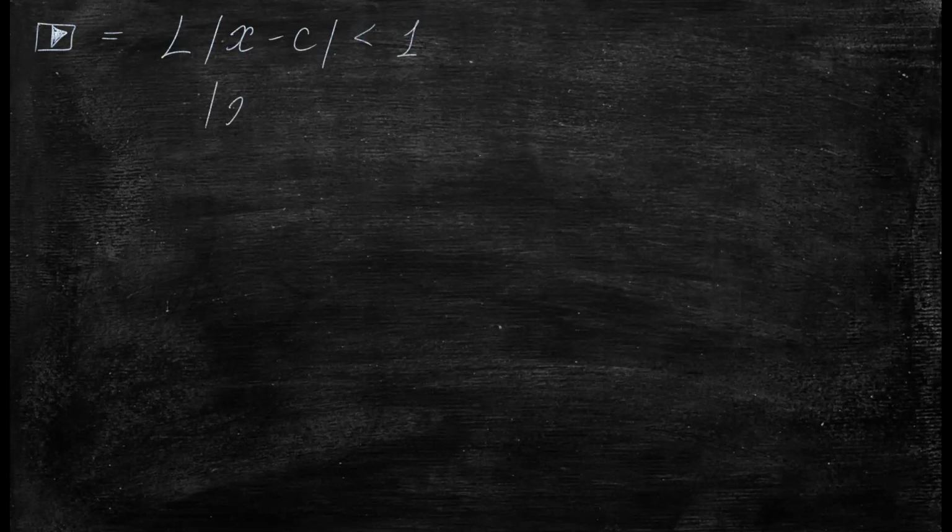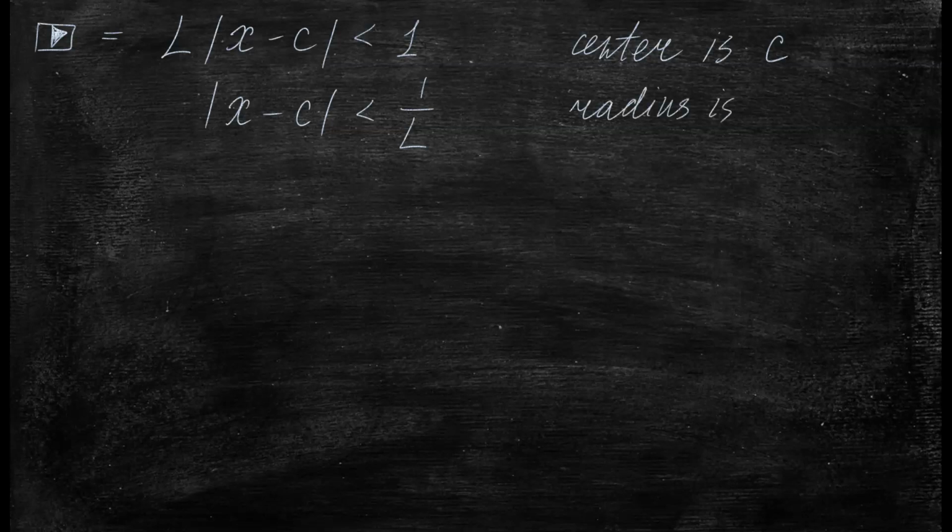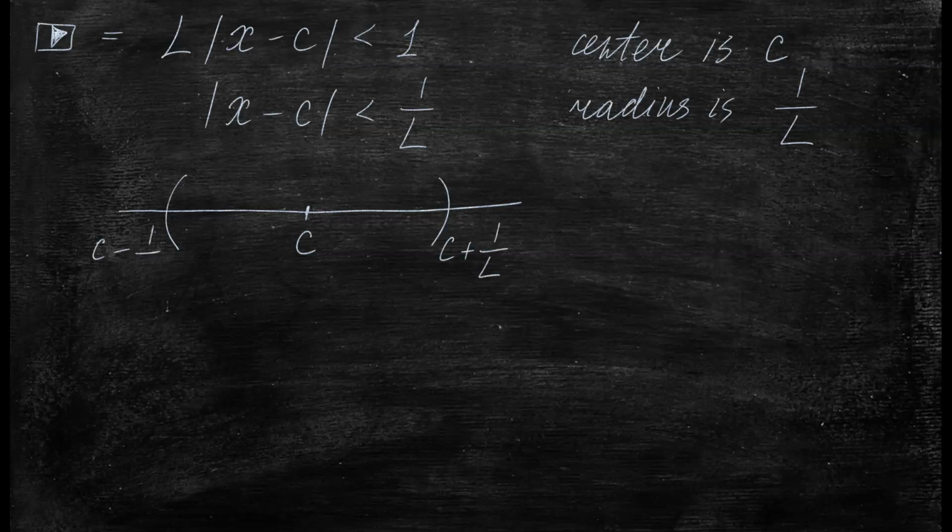And the first step we do, we isolate the absolute value, and we now identify the center as C and the radius as 1 over L. So the solution of this inequality is centered at C, and the interval is built around the center, and we add 1 over L to obtain the right boundary, and we subtract 1 over L to obtain the left boundary.